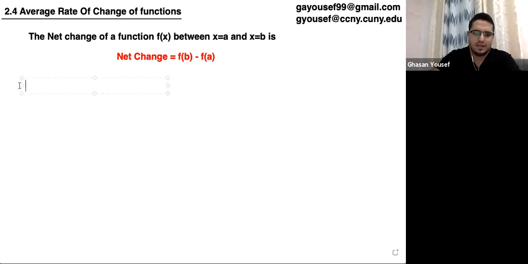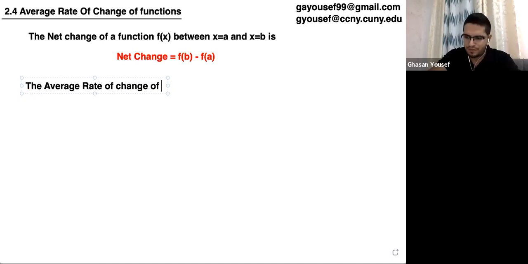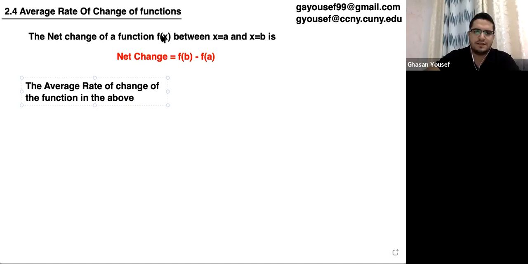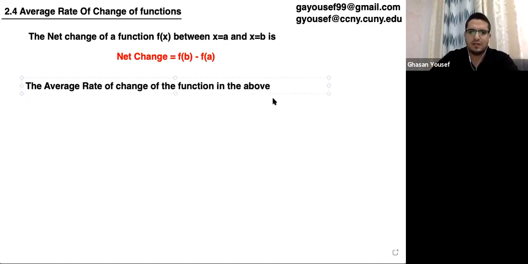So here I can say the average rate of change is of the function f of x between these 2 points.